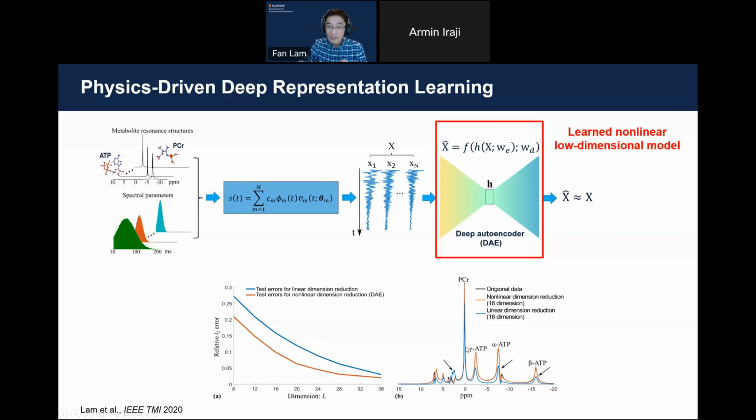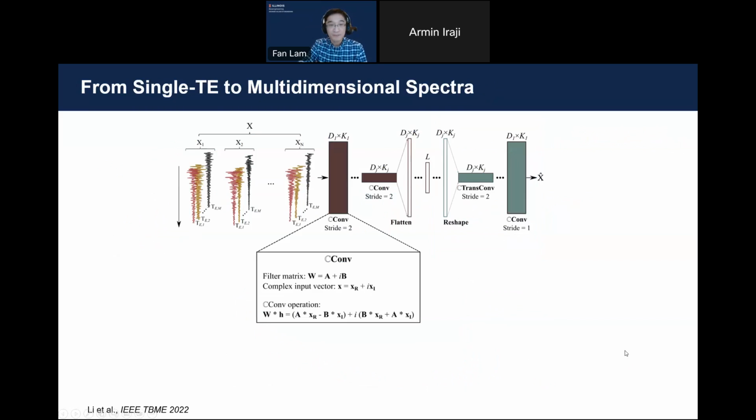And here's a particular test case that has not been seen in the training data. If you use 16 dimensions, the learned nonlinear model really offers a very good, almost perfect match with the black curve, which is the ground truth. But the linear subspace model, which is the blue curve here, shows significant modeling bias.